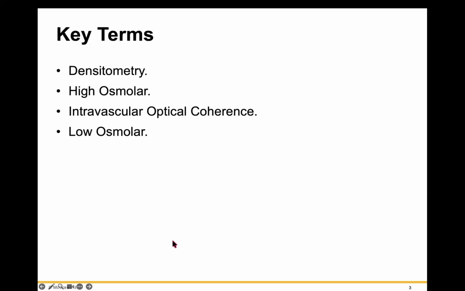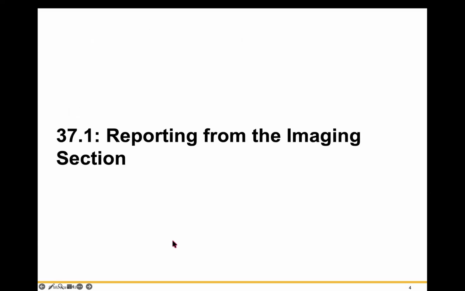All right, so we got the key terms. Let's jump into our first major topic, the imaging section. Let me ask you, when you hear imaging, what do you think about? Do you think of X-rays, or maybe you think of that CT scan that you had when you went to the ER with right upper quadrant abdominal pain, and they were ruling out cholecystitis or gallstones.